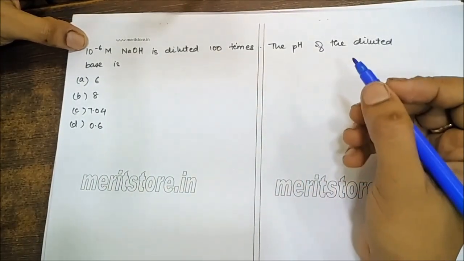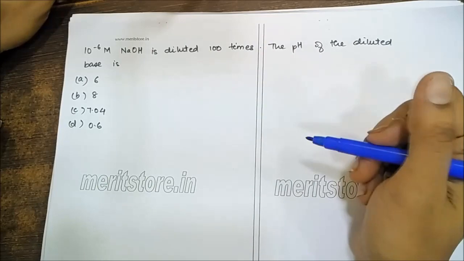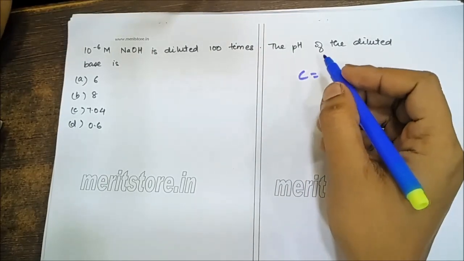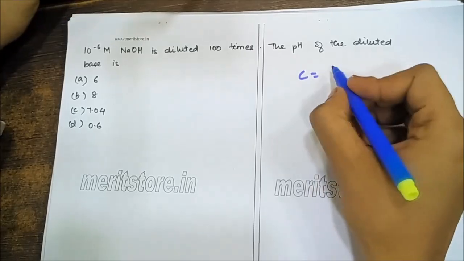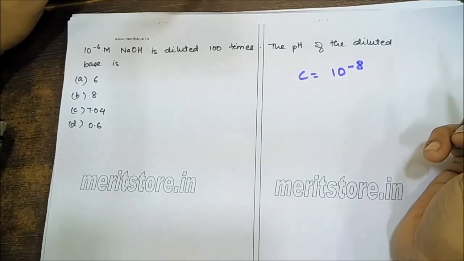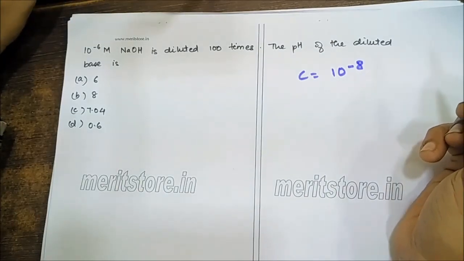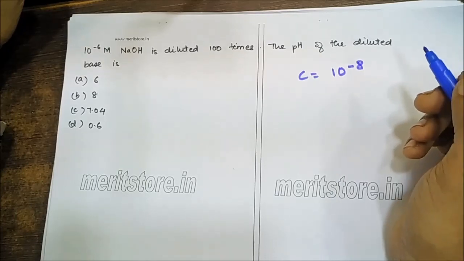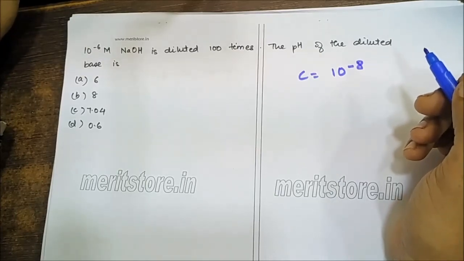10 raised to minus 6 molar NaOH is diluted 100 times. That means divided by 10 raised to 2, the concentration is decreasing. So the total concentration would be 10 raised to minus 8. Alright. And the concentration of this NaOH is 10 raised to minus 7.